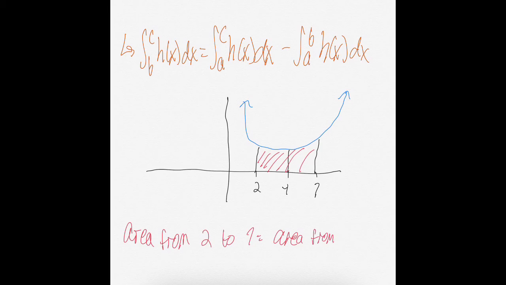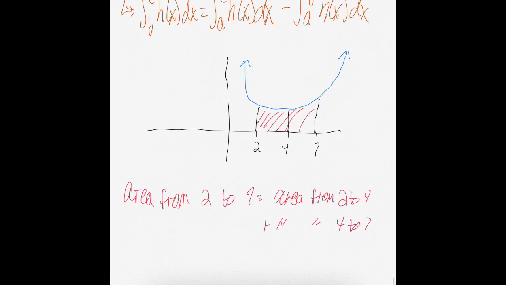Well, what the rule is saying is that the area from 2 to 7 equals area from 2 to 4 plus area from 4 to 7.